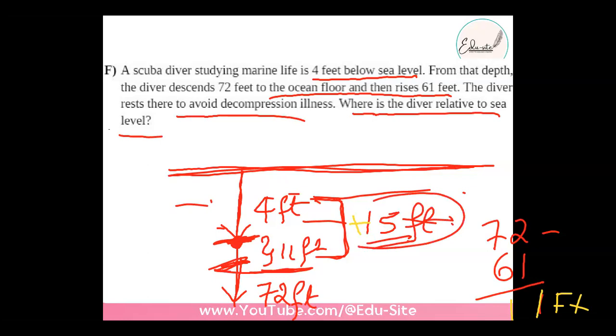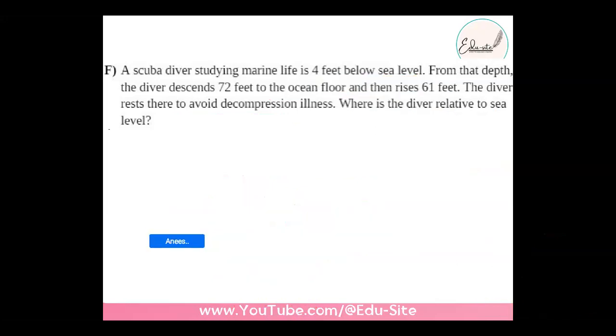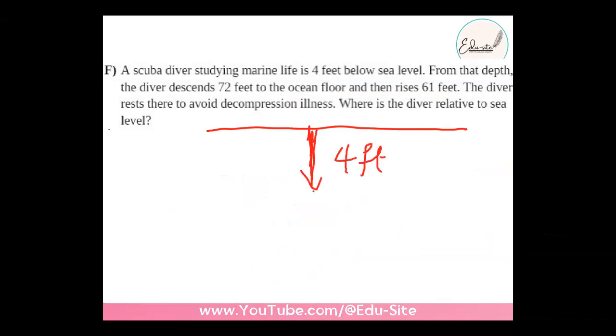Understood? If you want to write it in more depth, I'll tell you how to write it. Here is your diver. He goes 4 feet down, and then he again goes 72 feet down. After 72 feet, he gets back by 61 feet.